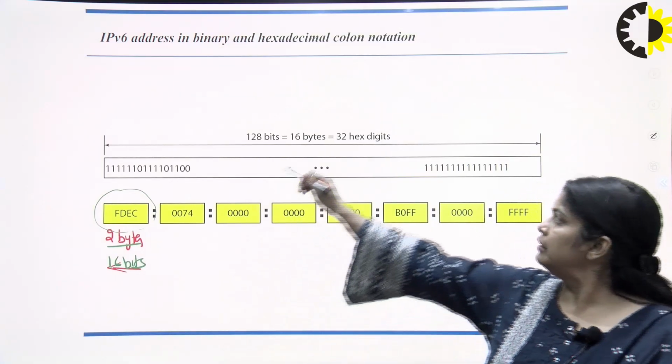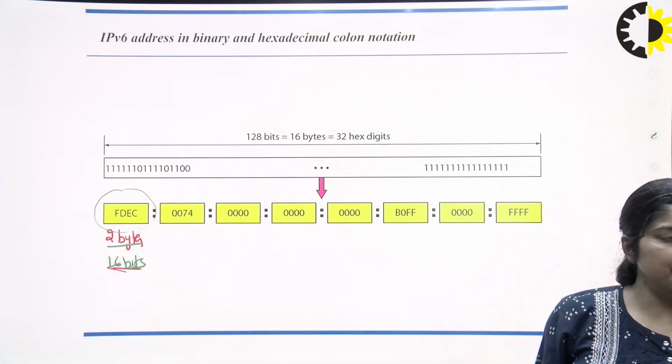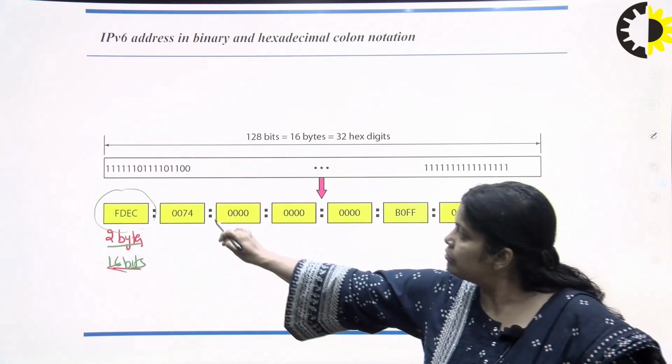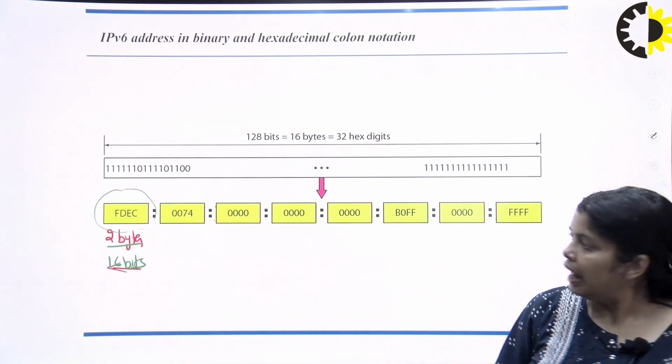You can represent this particular IPv6 address by using values separated by colons.